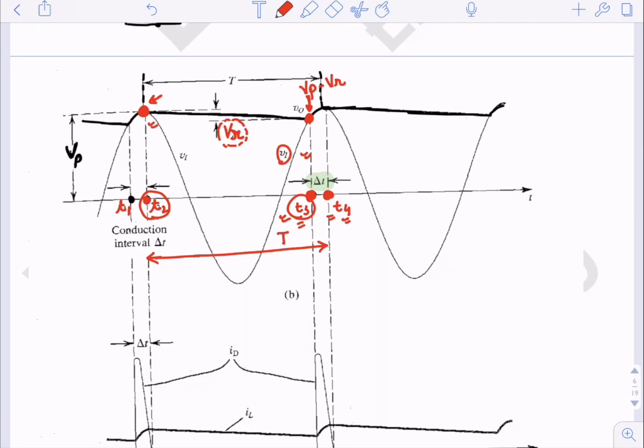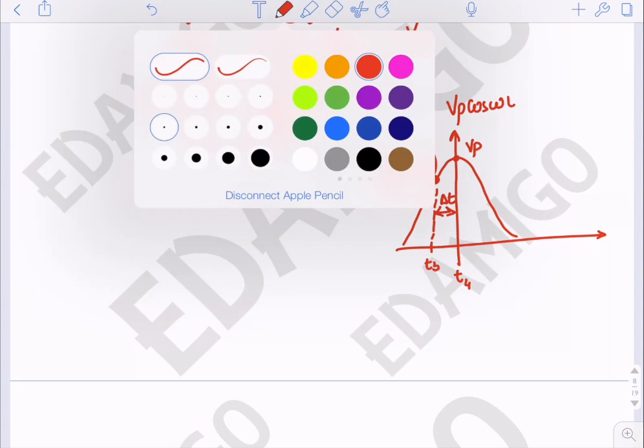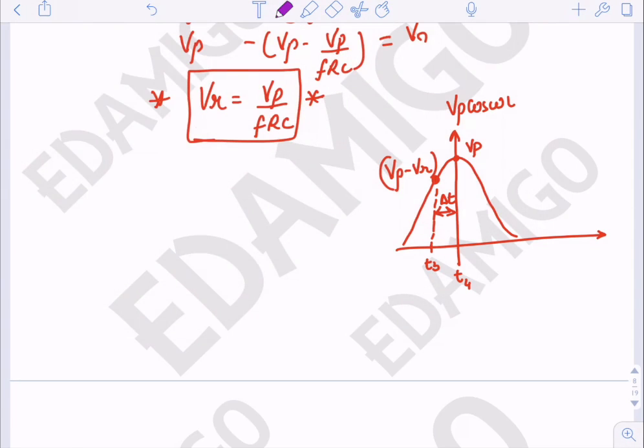So let us say that we have to find only this time difference, delta t. Let us say that this is time instant 0 and this is time instant minus delta t.